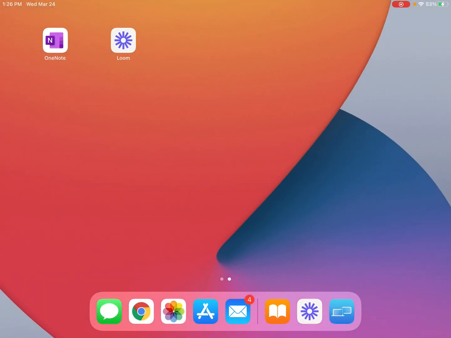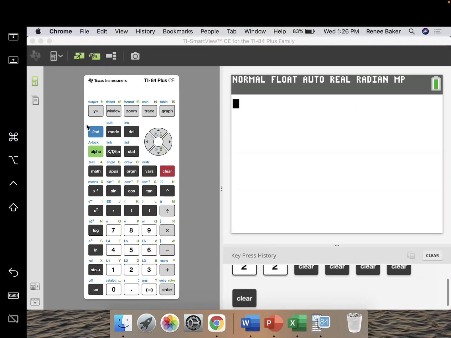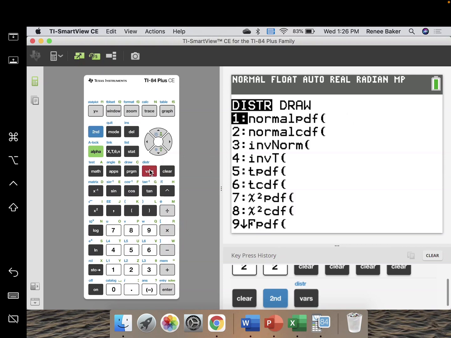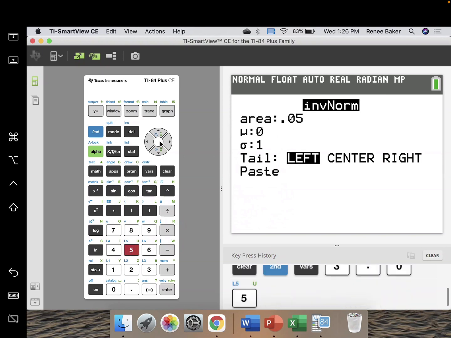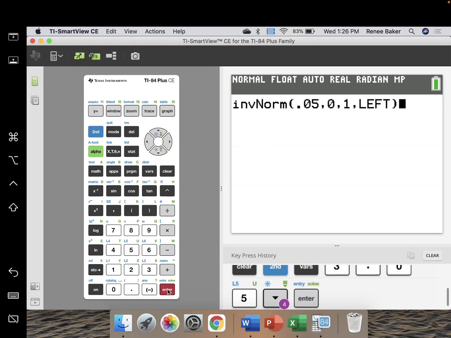So if we go to the calculator and we use second vars, 3, and the area is 0.05, the mean is 0, the standard deviation is 1, then we get negative 1.645.